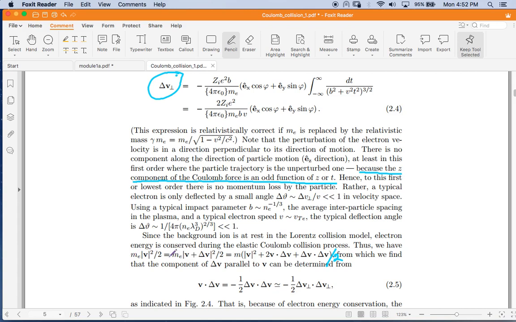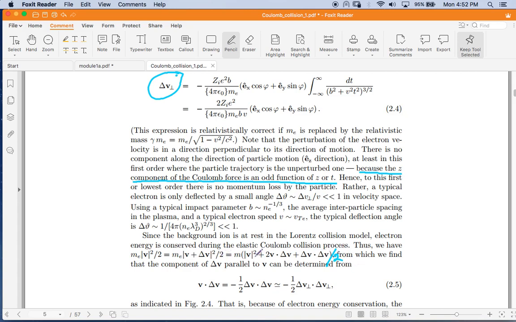So mv squared over 2 is equal to m(v plus delta v) quantity squared over 2 after collision, before collision. And you expand this and you get v squared plus 2v delta v plus delta v squared. And there has to be a divided by 2 simply because there's a divided by 2 here.